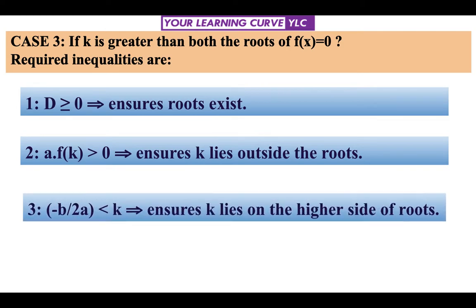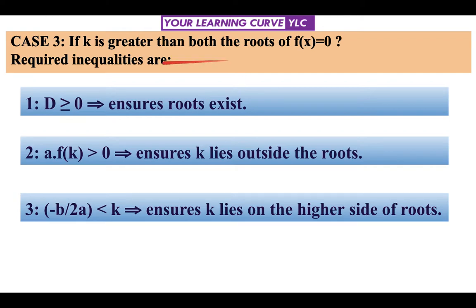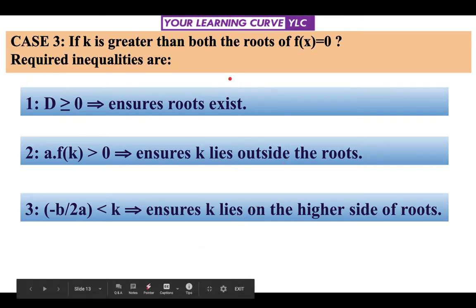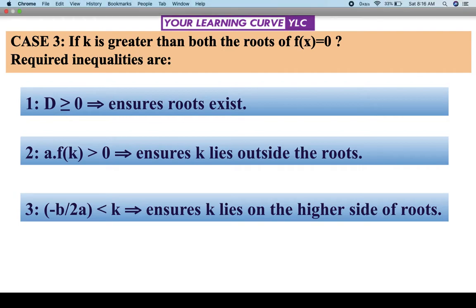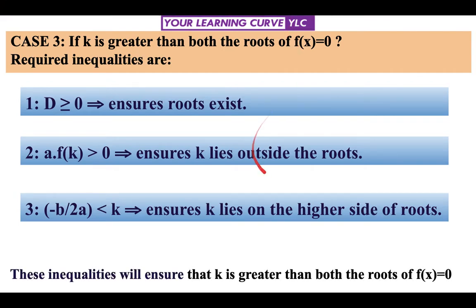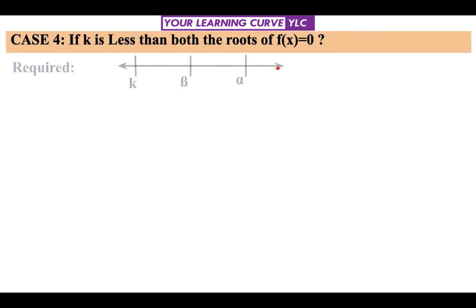And third, we have to ensure that k lies on the higher side of the roots, that is the x coordinate of the vertex of the parabola, minus b by 2a, is less than k. If we ensure these three inequalities, then our number k will be greater than both the roots of the parabola. So these three inequalities you have to ensure to satisfy this condition.